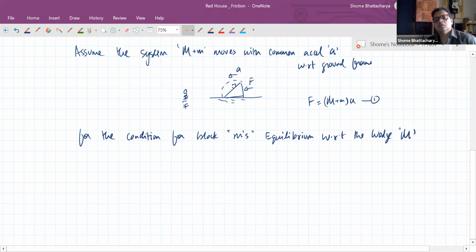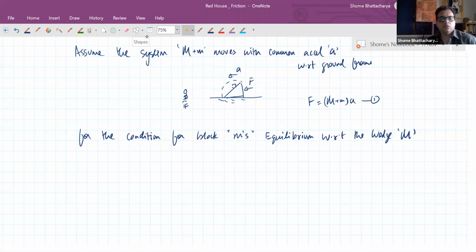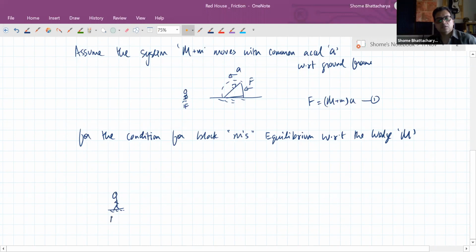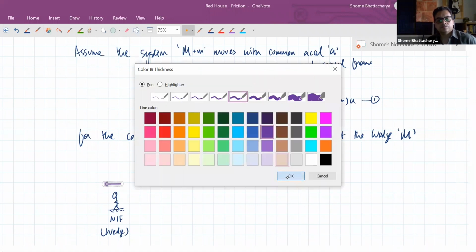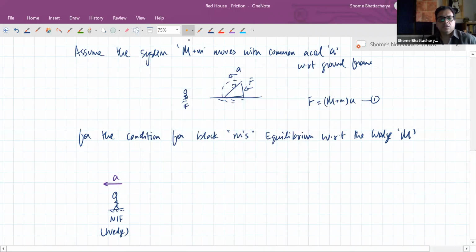the wedge capital M. So for that we have to understand the free body diagram in the non-inertial frame. So we have to now get into the frame of the wedge. So that is a non-inertial frame. So we are now in the wedge's frame, which itself is moving with a horizontal acceleration A, which we have taken like this. So in this frame now, we want the block to be in the equilibrium condition.